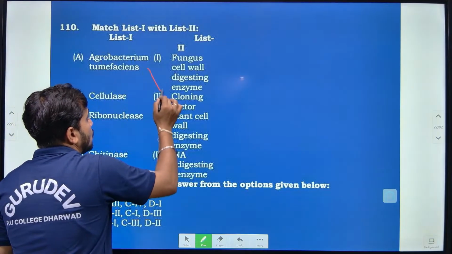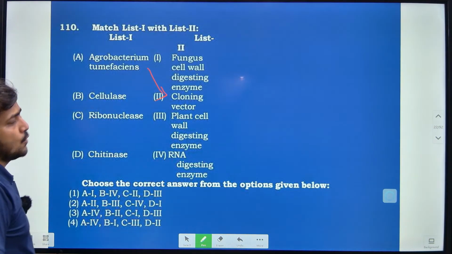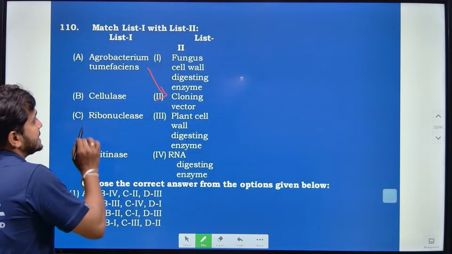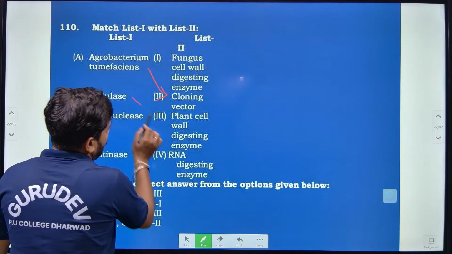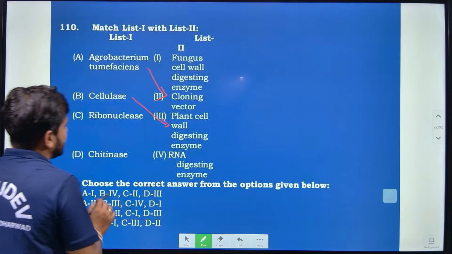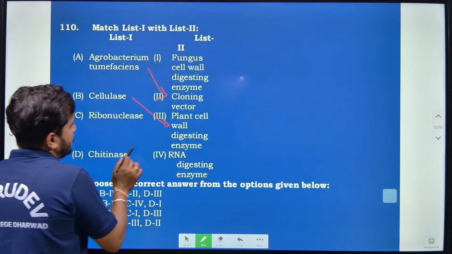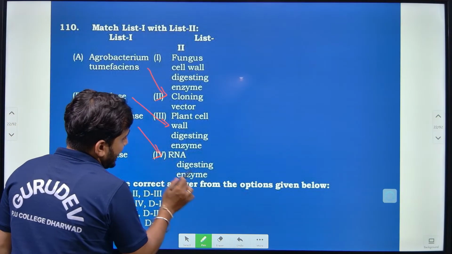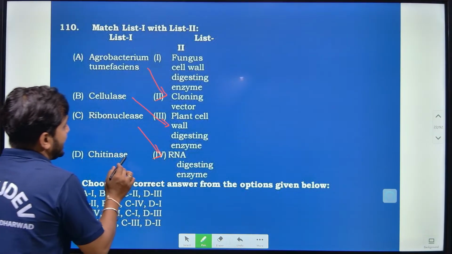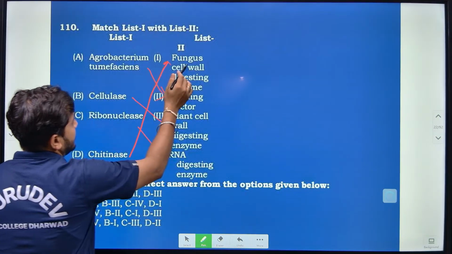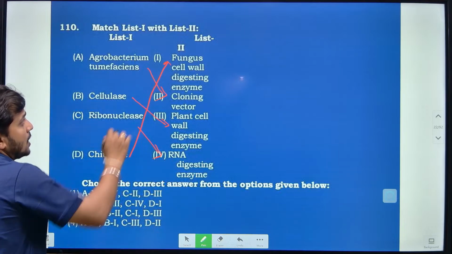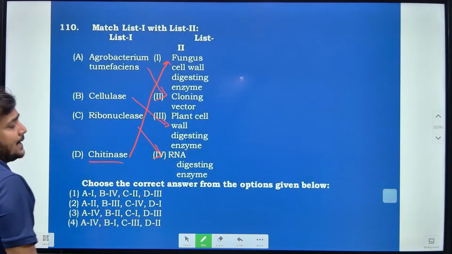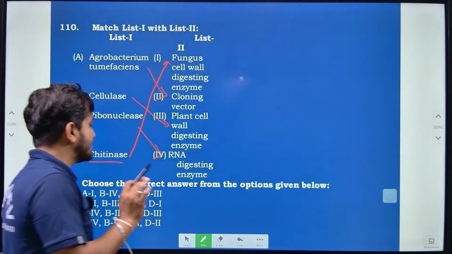Agrobacterium is known to be a cloning vector. Cellulase is the plant cell wall digesting enzyme. Ribonucleases are the RNA digesting enzymes, and chitinase digests the fungus cell wall, because the fungus cell wall is made up of chitin, and the enzyme degrading it is chitinase.